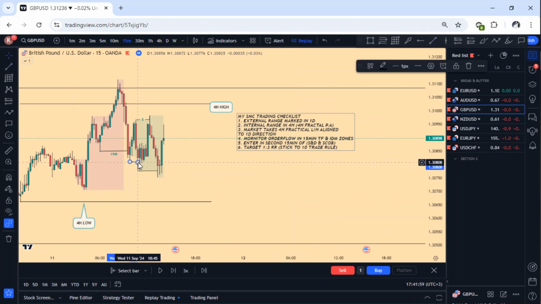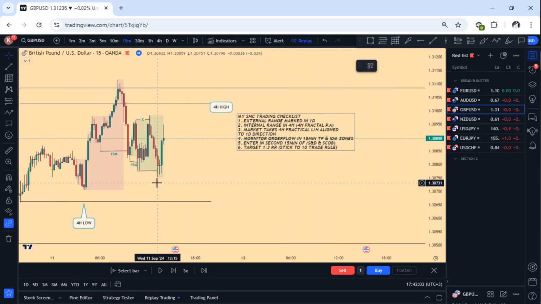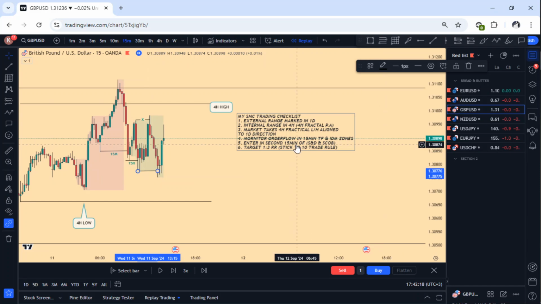What does that tell you? The market is aligning in 15 minutes to go down. So this was just the third one, and this third one has got more interest because it even took liquidity. What I always say is monitor the order flow in 15 minutes time frame and IDM zones.